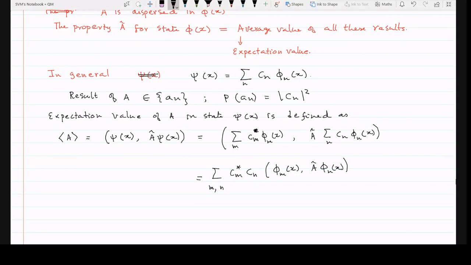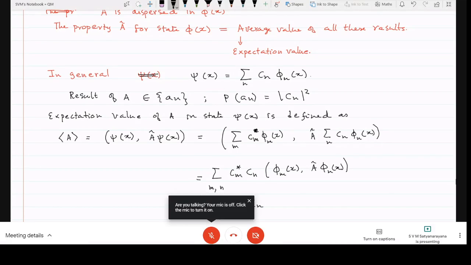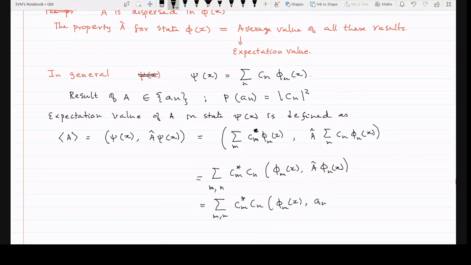Now, A acting on phi n of x gives the eigenvalue an into phi n of x. So I can write the sum over m comma n of Cm star Cn, phi m of x, and an into phi n of x.